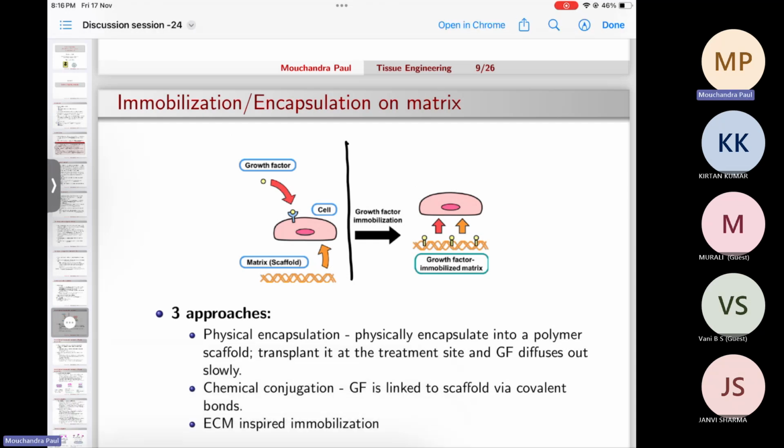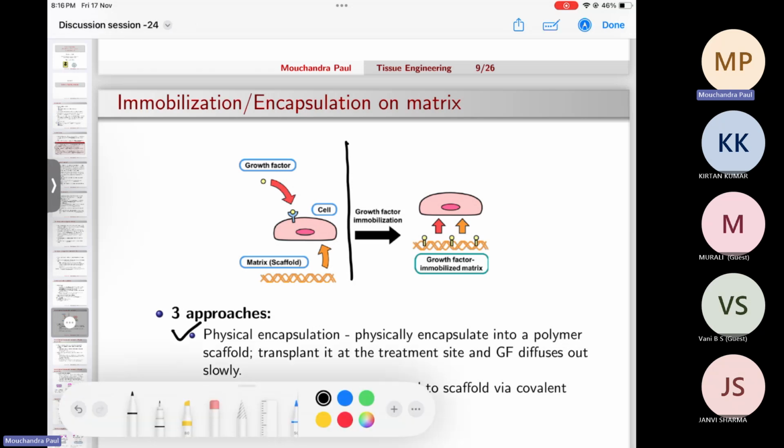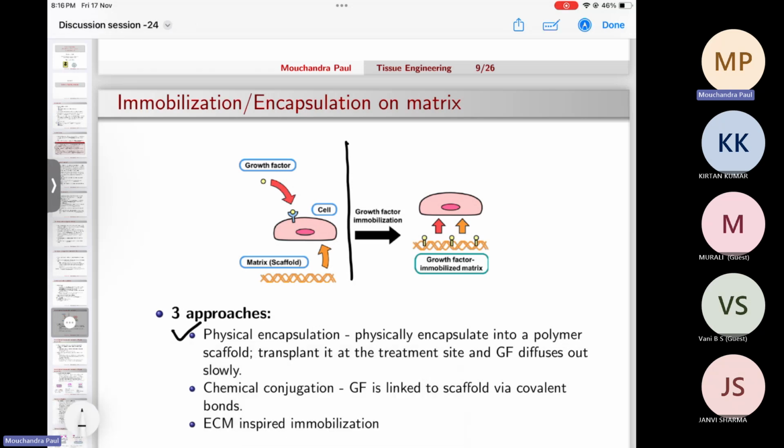Now there are three approaches through which you can immobilize your growth factor onto your scaffold. One approach is to physically encapsulate it. There are various ways to do that, but basically, people use a polymer solution, add the growth factors into it, and make a composite.